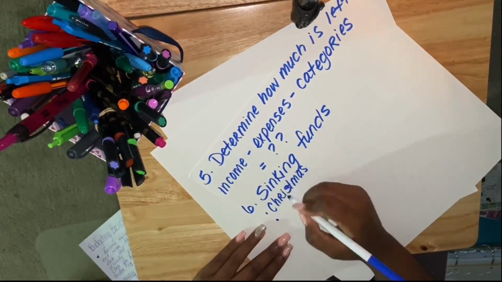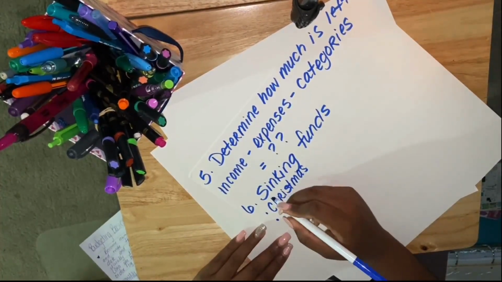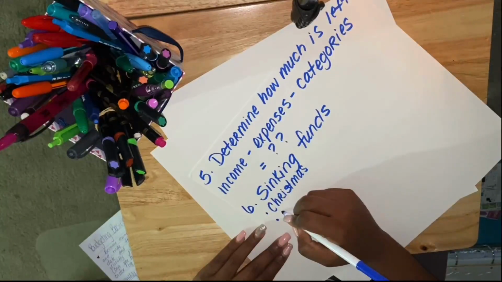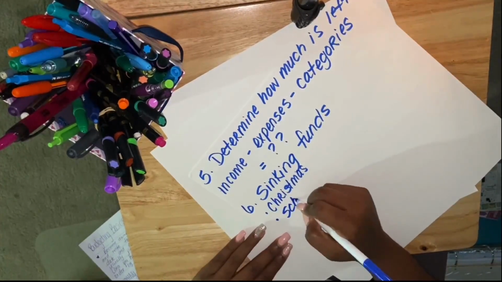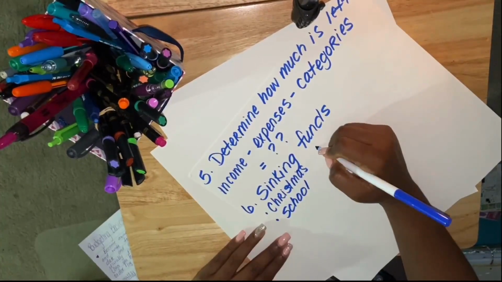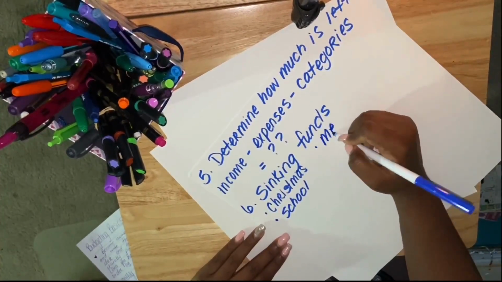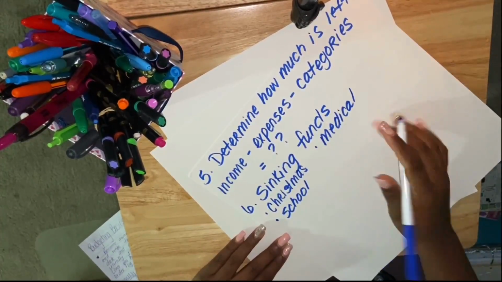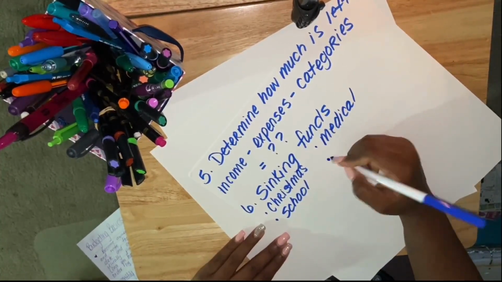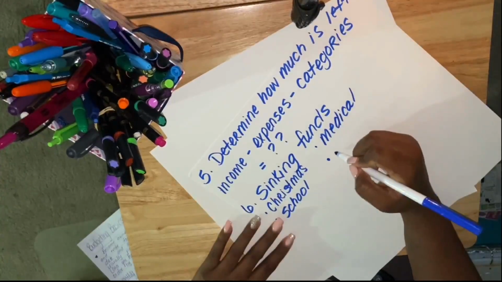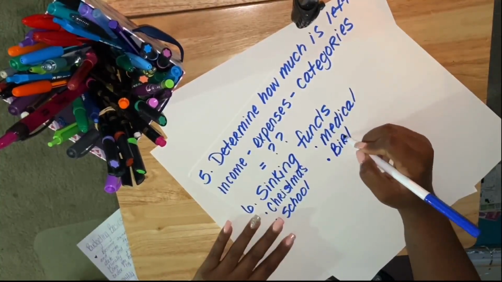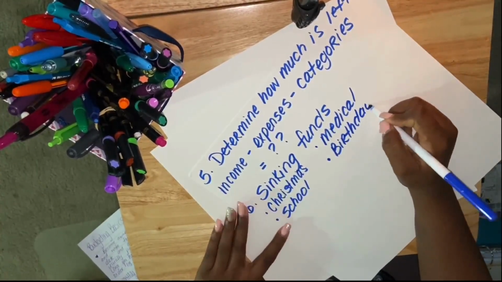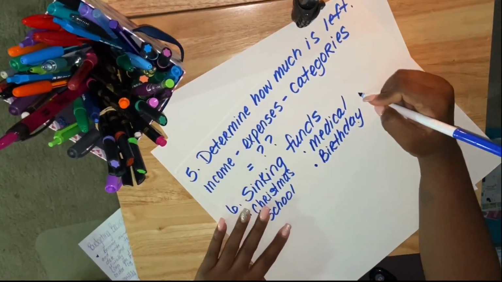Or you can have school. Or you can have medical. If you pay co-pays, you can have medical and you can set some money aside each time. Or you can have birthdays, or giving.